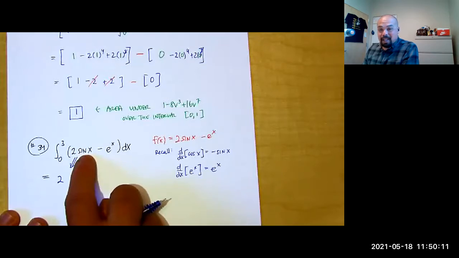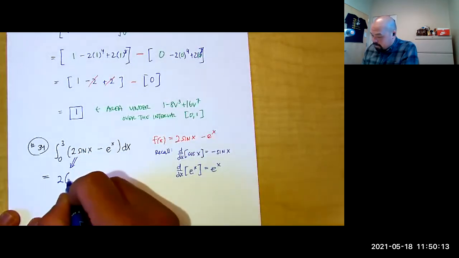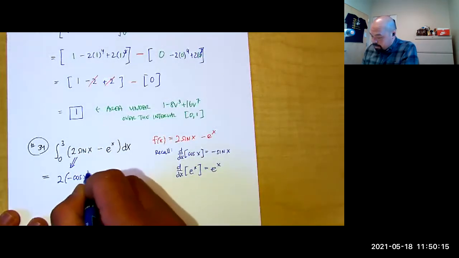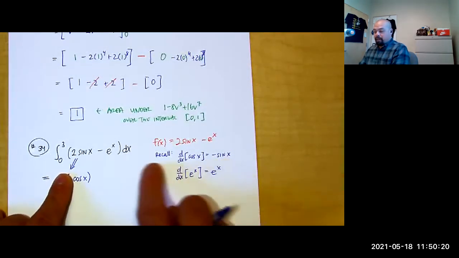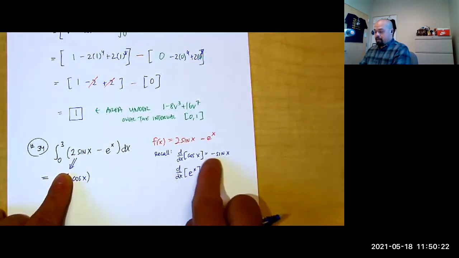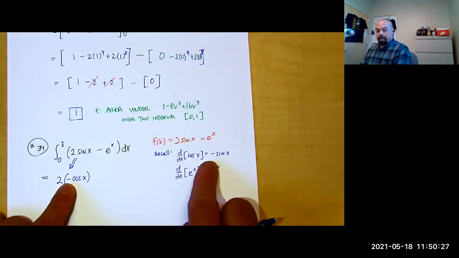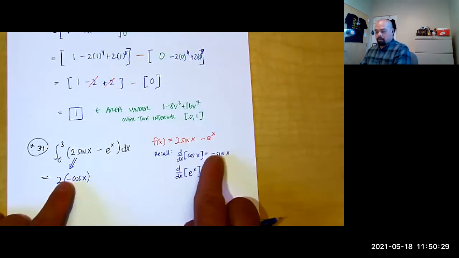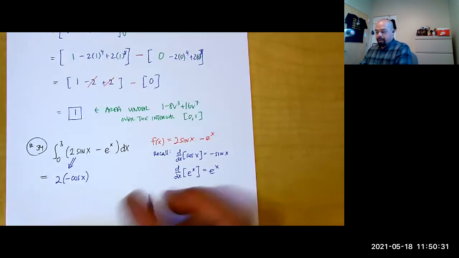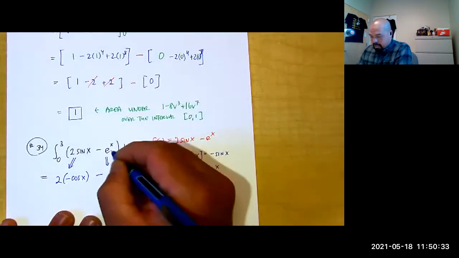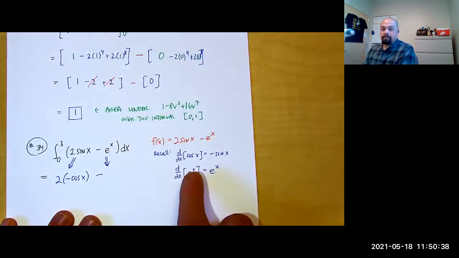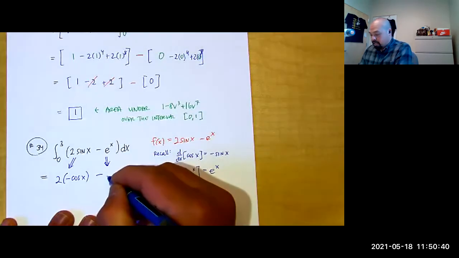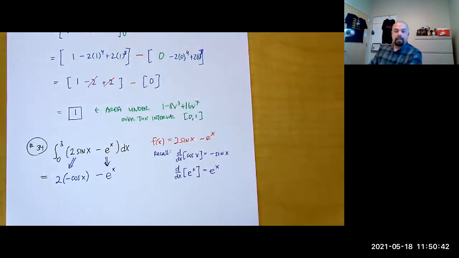To get that positive sine, I need to take a derivative of a negative cosine x. Derivative of just cosine is negative sine. If I want it to be positive, I bring an extra negative. Derivative of a negative cosine is going to give me negative of a negative sine, or positive sine there. The minus, the antiderivative of e to the x: well, derivative of e to the x gives me e to the x again, so it's the same antiderivative.